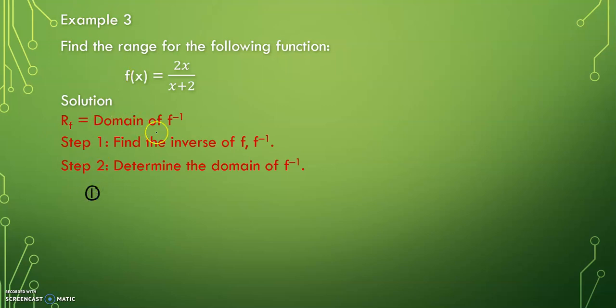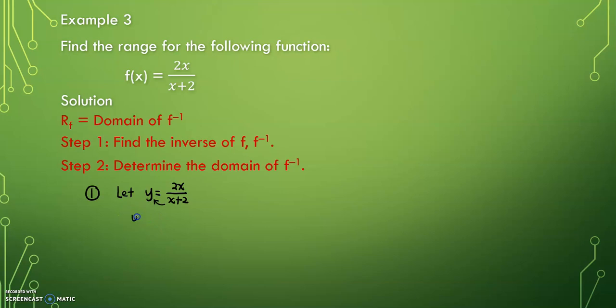in order to find the inverse, first we will let y equal the given function, which is 2x over x plus 2. From here, we will try to solve for x. Next, since this is a fraction, we multiply the denominator to the left hand side.